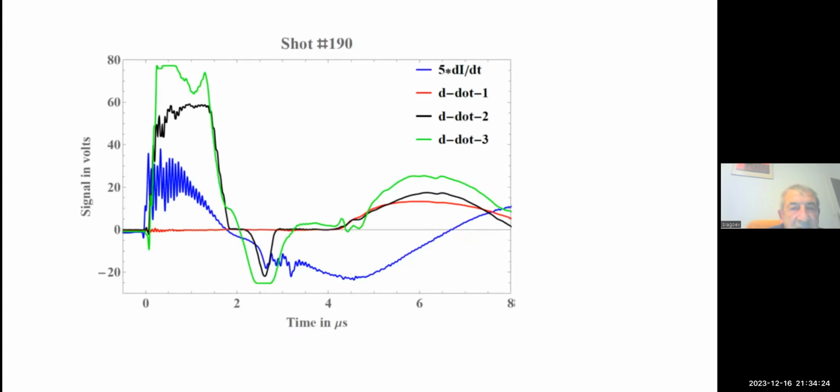And this is the first slide. Here we have the dB/dt curve, and the first D-dot probe, the red line, is probably not operating okay.